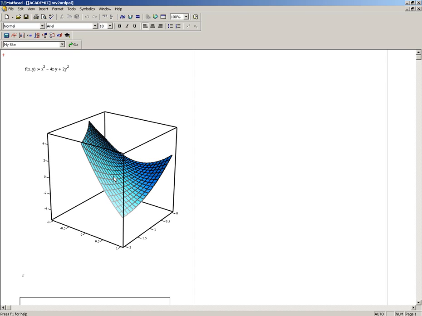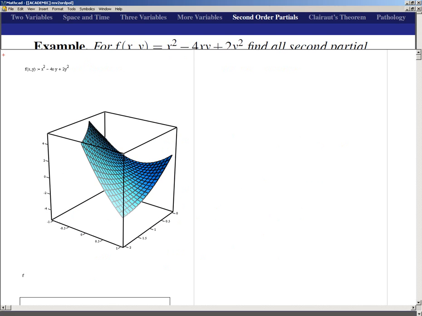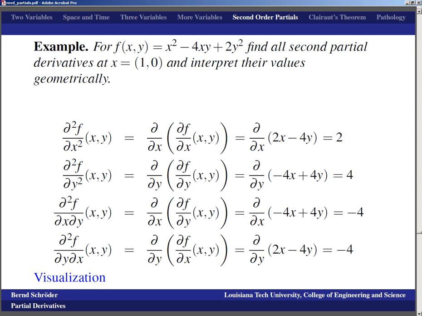Let's see how that will go. Yeah, x equals 1, y equals 0. It should be concave up. And that's correct because we have that the second partial in the x direction is 2. If we're looking at the change in the y direction, it also looks concave up in the y direction, and that is also consistent with what we have here.